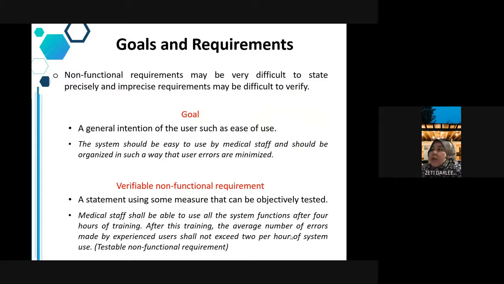Alright, kita continue the goals and the requirements. Alright, okay. The non-functional requirement might be very difficult to state precisely, and imprecise requirements may be difficult to verify. But the process must be there. Kita still kena follow the discipline.